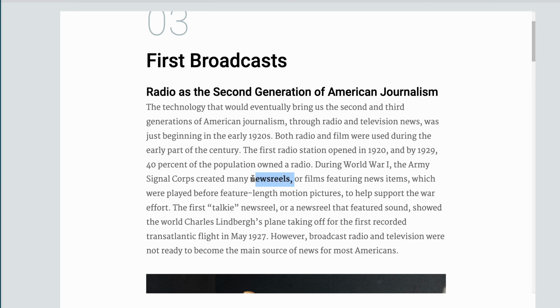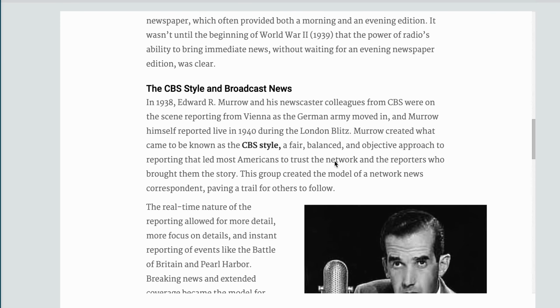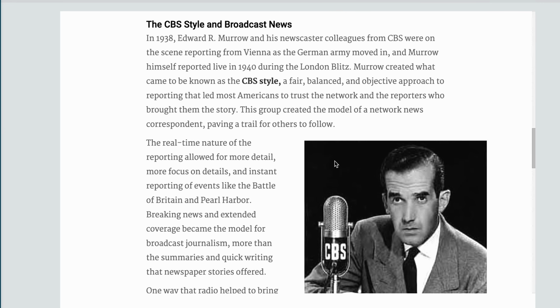We have something called newsreels, or films featuring news items, which were played before the feature, and from there all motion pictures started to develop. Because of the video and the radio, people were introduced to new styles of journalism, and we have the CBS style, a fair, balanced, and objective approach to reporting that led most Americans to trust the network and the reporters who brought them the stories.